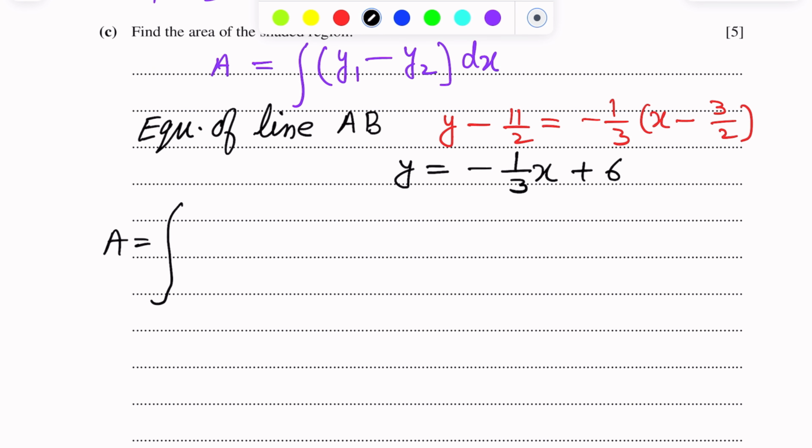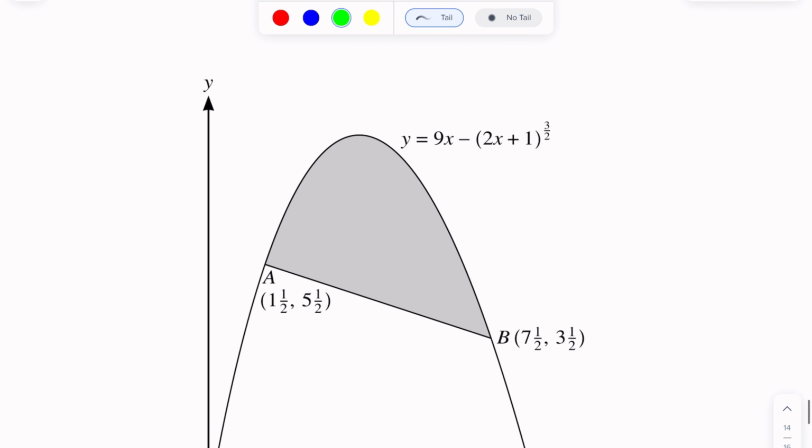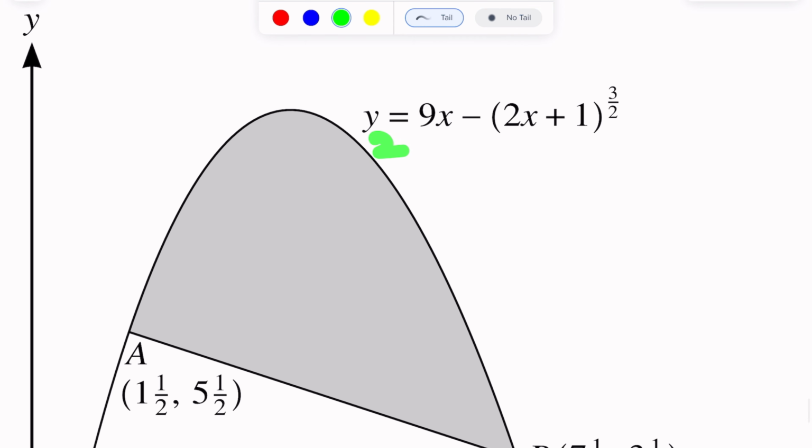We are taking the y of the curve as y2 and the equation of the line as y1.